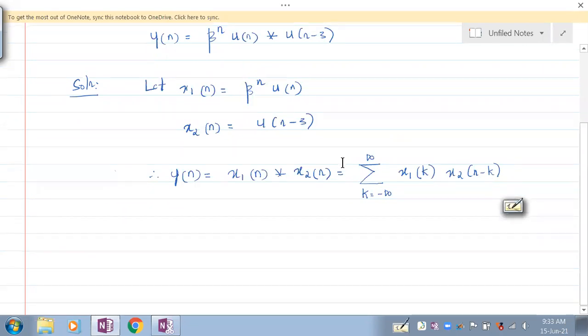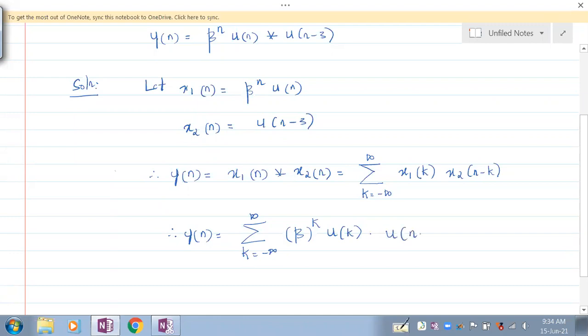So let's go on. Therefore, y of n would now look like summation k ranging from minus infinity to infinity beta power k into u of k. This is the first signal, and the second signal would come as x2 of n minus k, so it is u of n minus k minus 3.